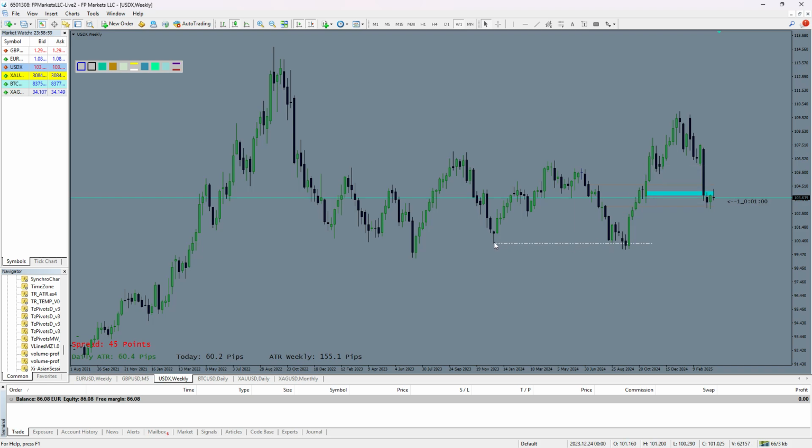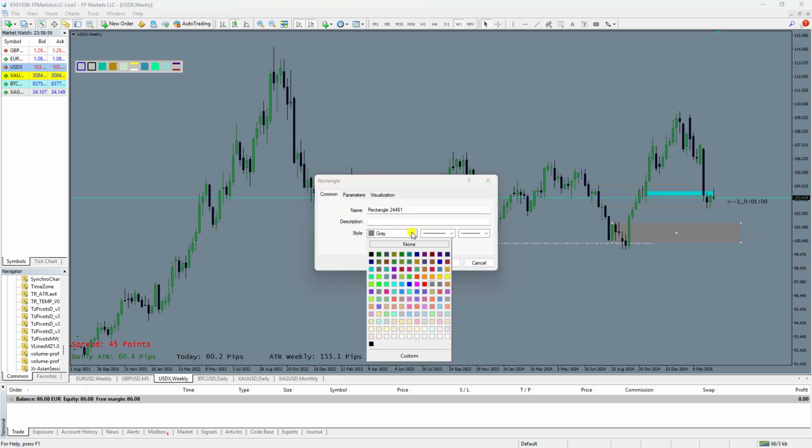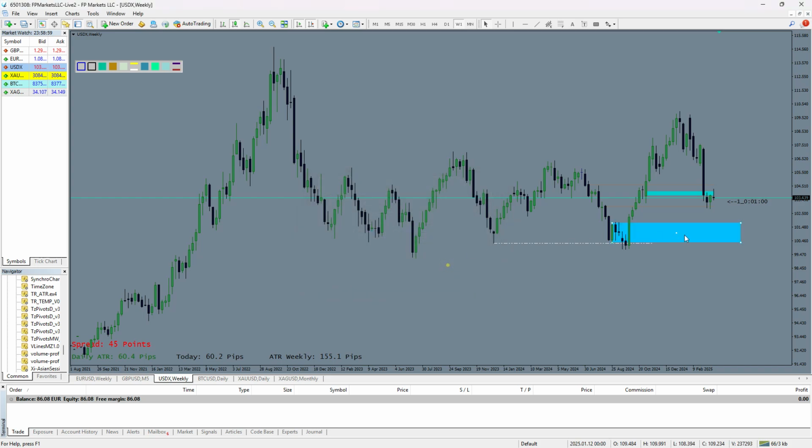And this lower low took all the liquidity under this candle. Therefore this becomes very important and could be used as a potential buy level for me. Let me change the color. This is my breaker.